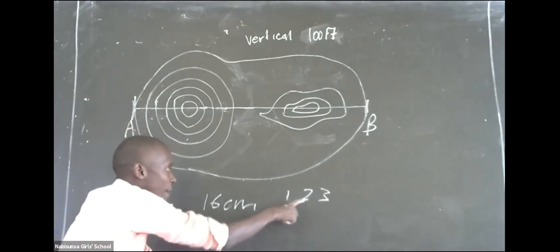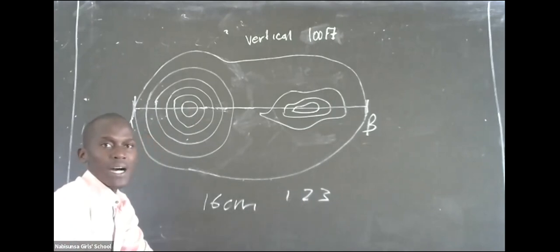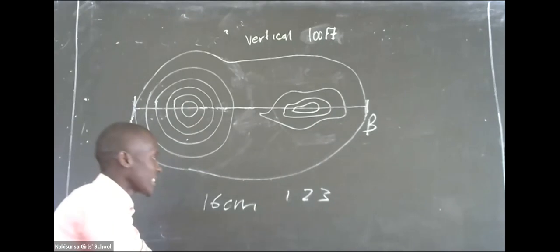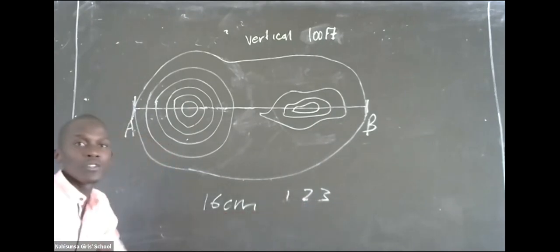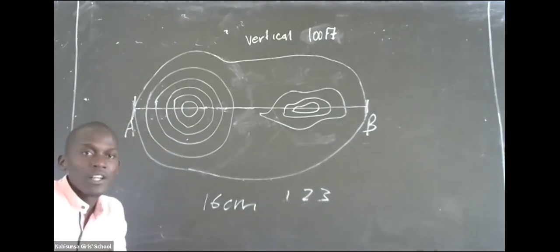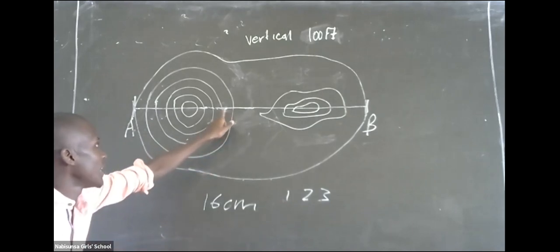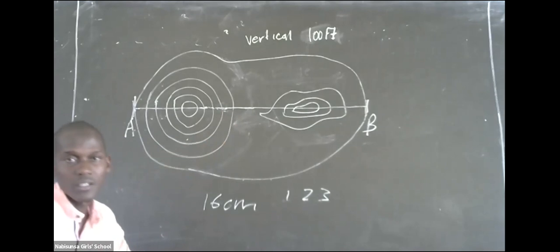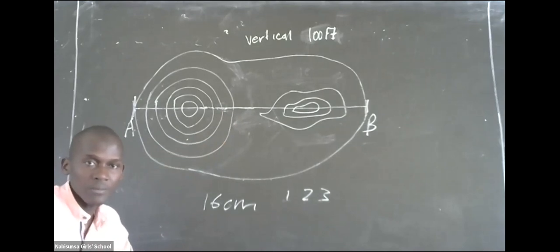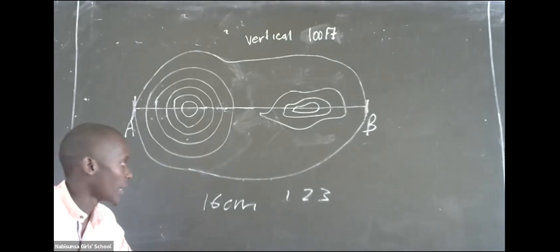Number 1 and number 2 are closest neighbors, but number 1 and number 3 are not. So by vertical interval, we mean the difference between two contours. Are you getting what I'm trying to say? Yes, teacher.